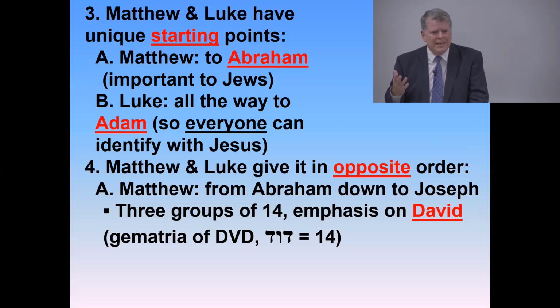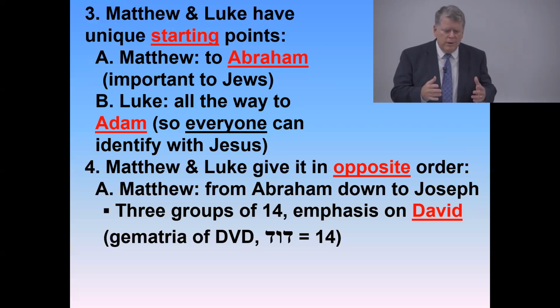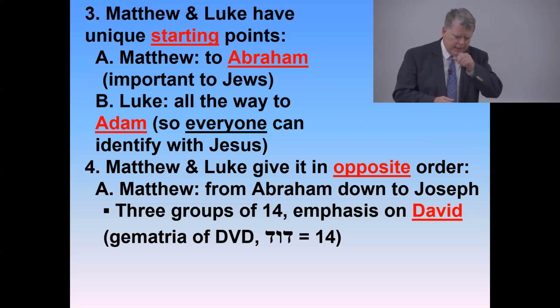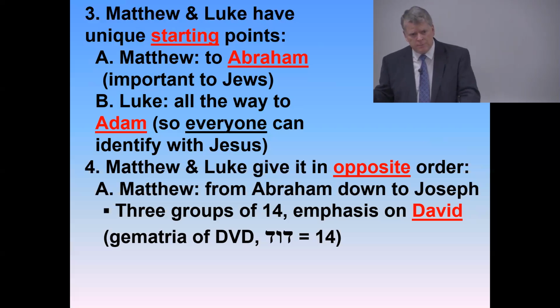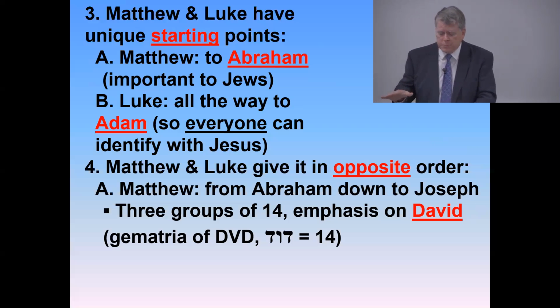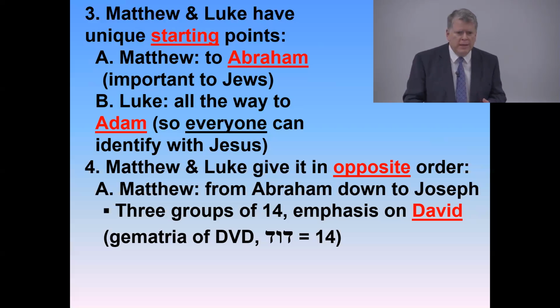But that's because they didn't use numbers like we use today. When they wrote a number, they wrote it in the letters, and you'd see by the context it was a number. So every Jew knew David equaled 14. They knew as you added up those letters, it equaled 14.